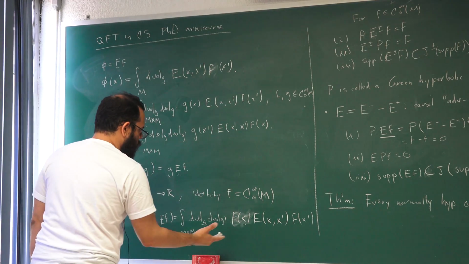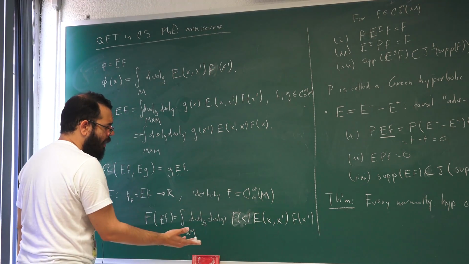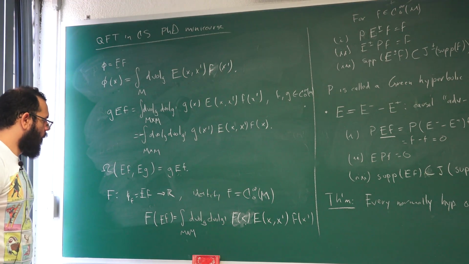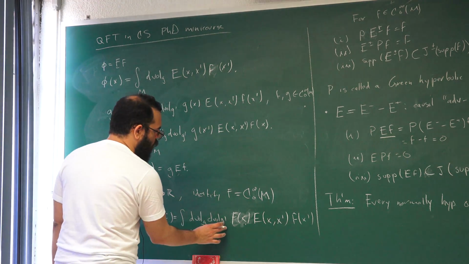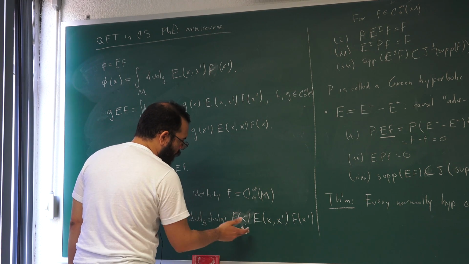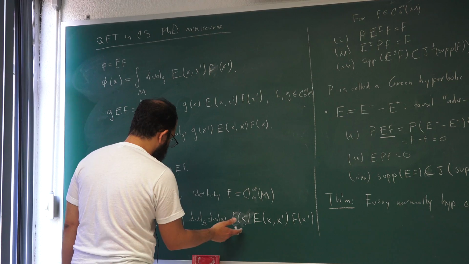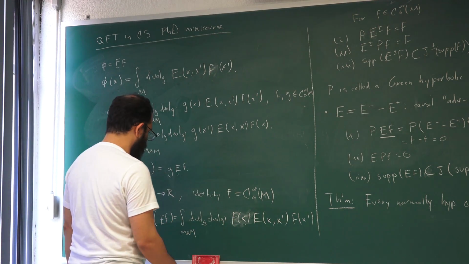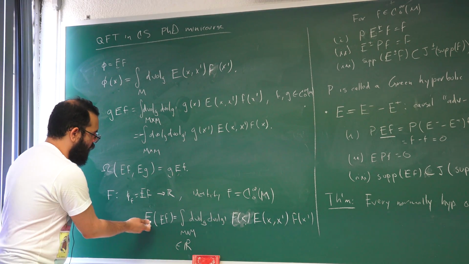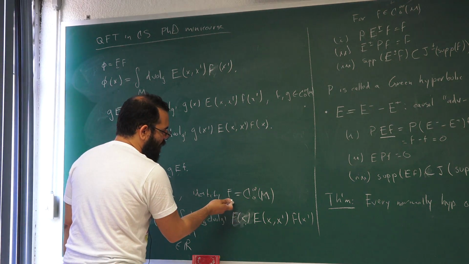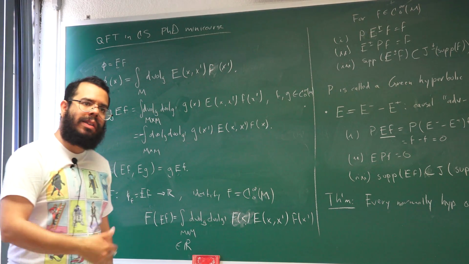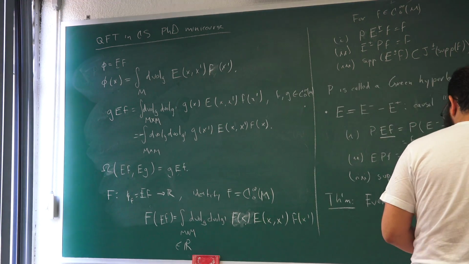So I take a function of compact support, I integrate it against the solutions, and that gives me a real number. This is an observable. So I can identify the space of observables with functions of compact support by integrating them against solutions.